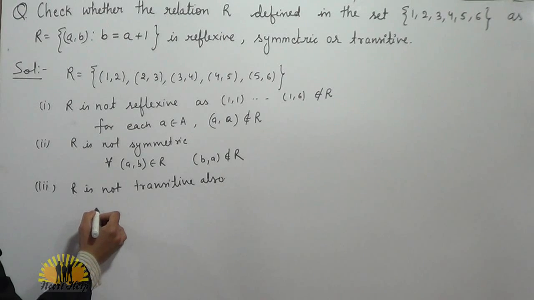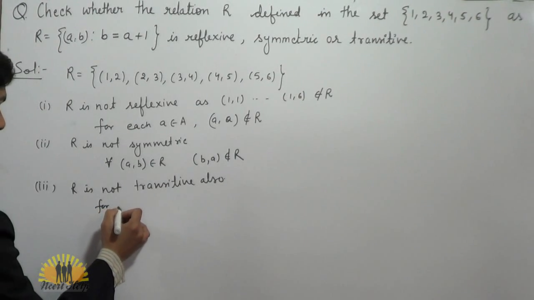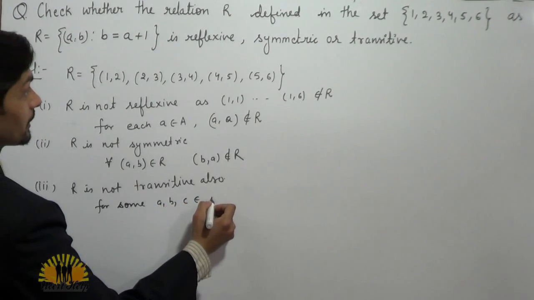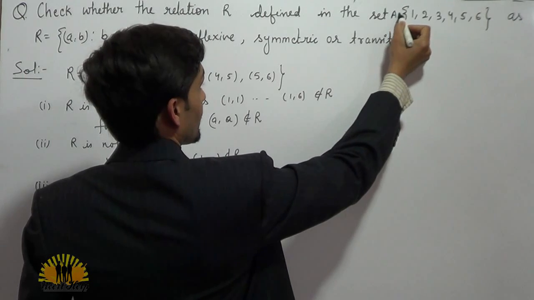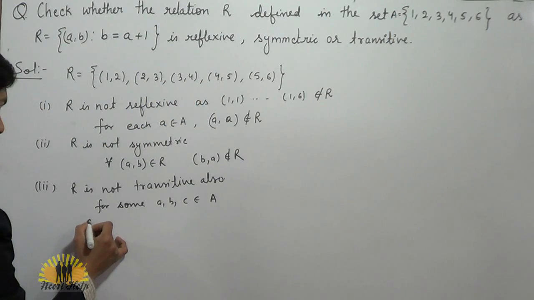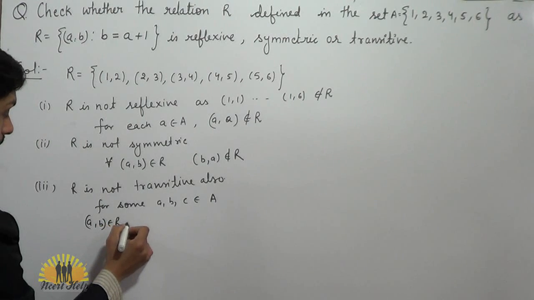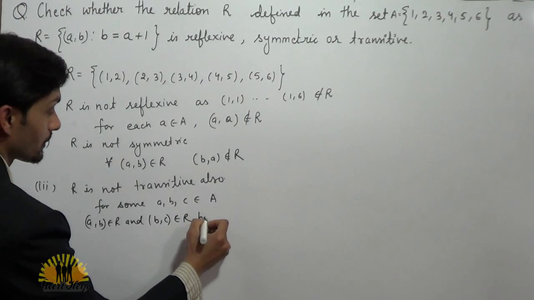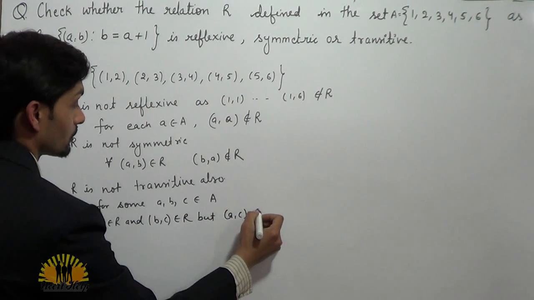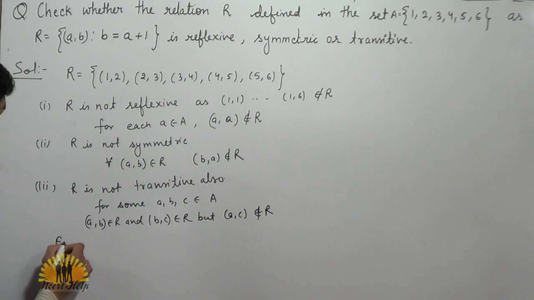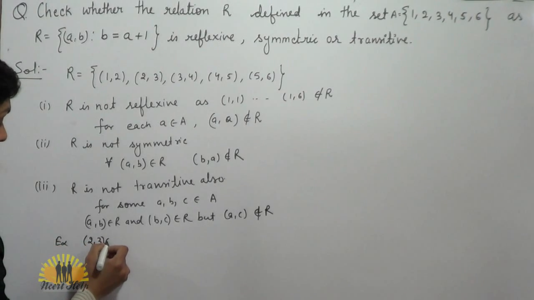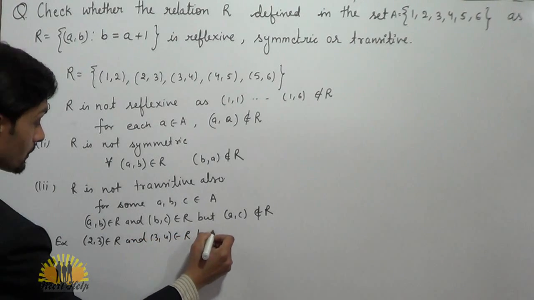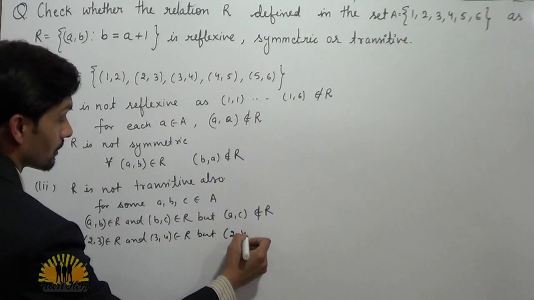So we can say for some A, B, C belonging to set A, (A, B) belongs to R and (B, C) belongs to R, but (A, C) does not belong to R. For example, (2, 3) belongs to R and (3, 4) also belongs to R, but (2, 4) does not belong to R.